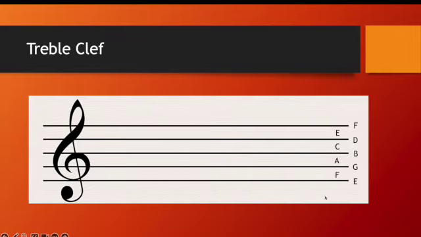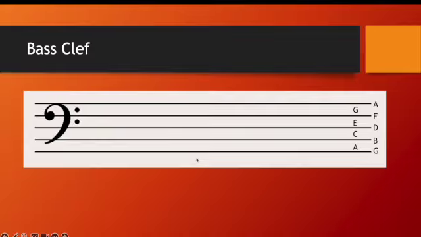Now, the spaces and the lines each correspond to different notes. For the spaces from the bottom up, as you can see here, the spaces correspond with the notes F, A, C, and E. And for the lines from the bottom up, it's going to correspond with E, G, B, D, and F. Now, for my bass clef friends, my tubas and trombones, it's going to look just slightly different.